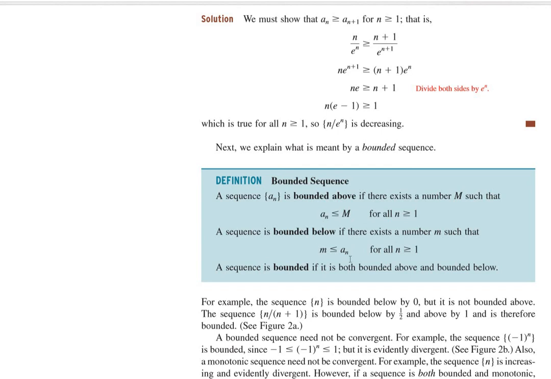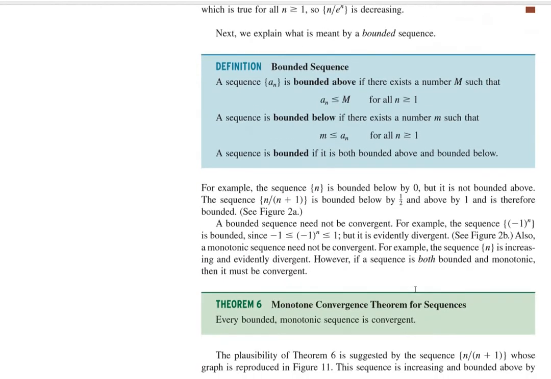And bounded below means in the left side there will be a value such that m is less than or equal to an, and that is, an is always greater than or equal to that value. A sequence is bounded if it is both bounded above and bounded below.